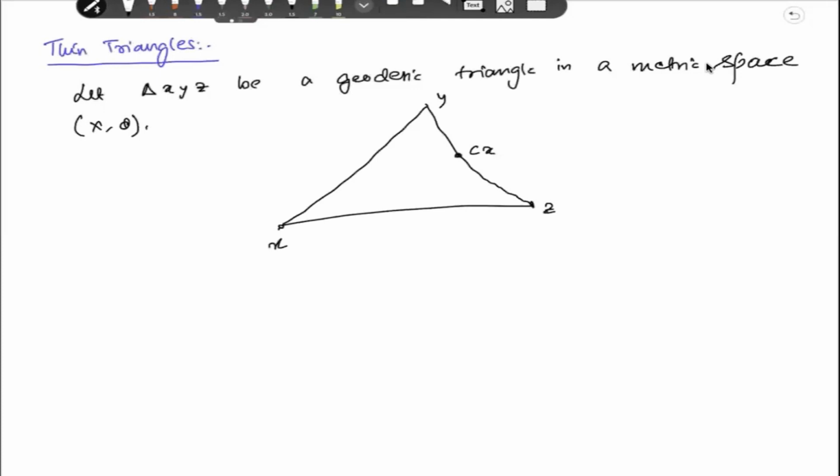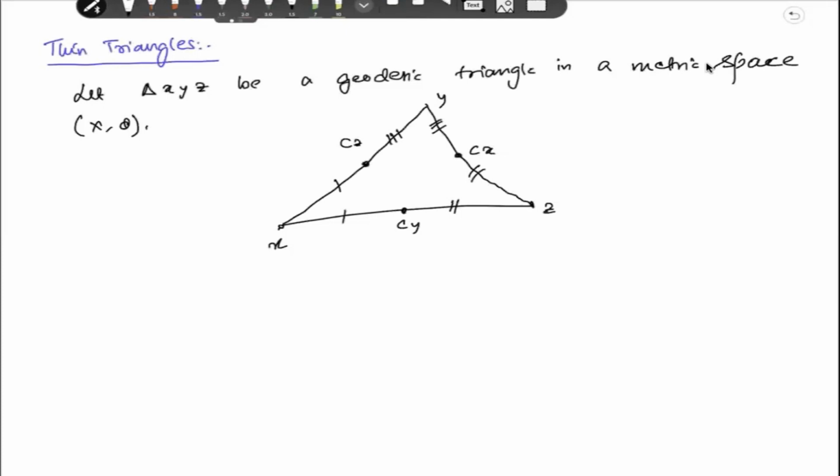So we need to find a point CX on the side YZ, CY on the side XZ, and CZ on the side XY, such that the distance between X and CY is the same as the distance between X and CZ, the distance between Z and CY is the same as the distance between Z and CX, and the distance between Y and CZ is the same as the distance between Y and CX.